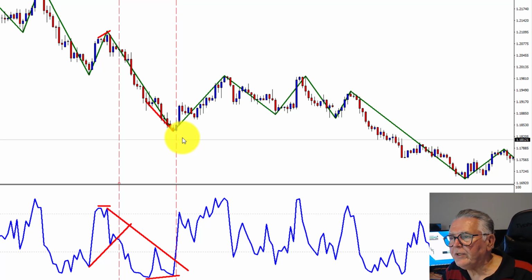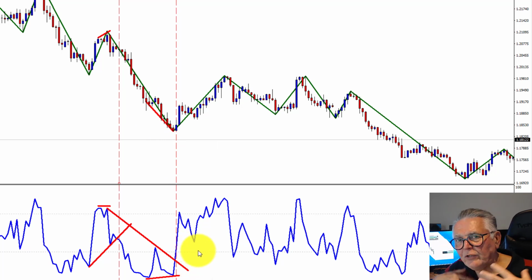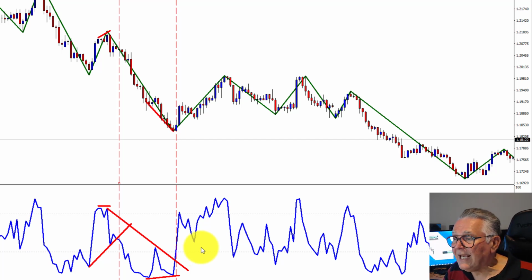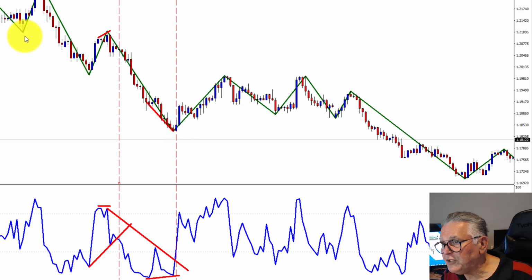On the whole, you shouldn't be using the RSI if it's making new highs and new lows, but in this case it's worked out quite well, and you need to use your own judgment as to how much reliance you want to put on there. But again, if this is a channel turning point, if this is a Fibonacci turning point, you get your RSI, you get a divergence.